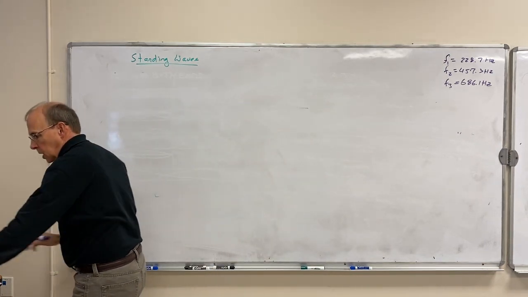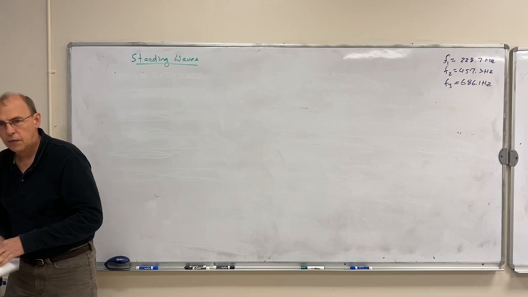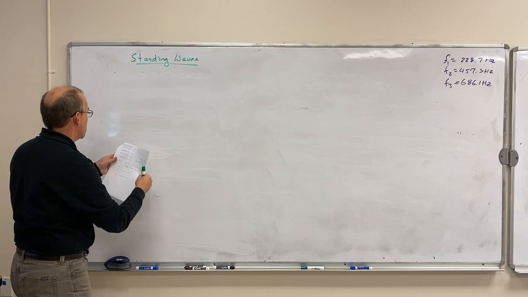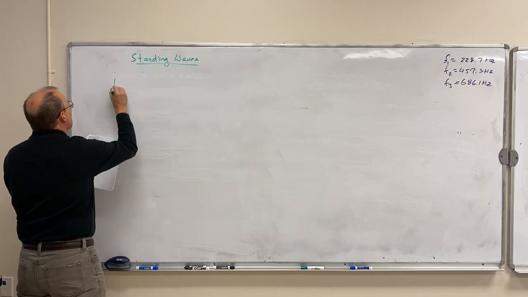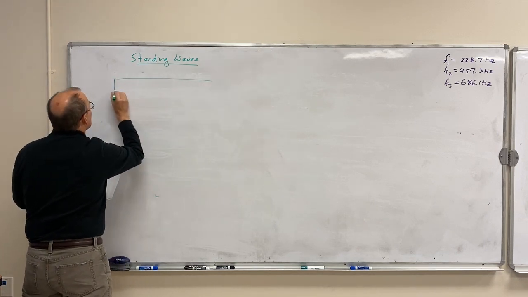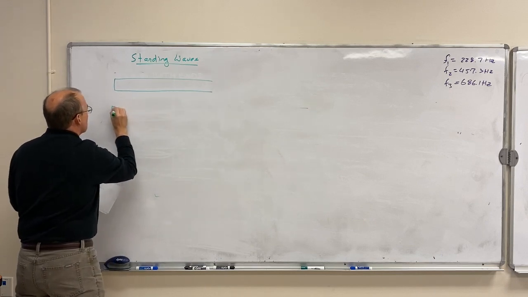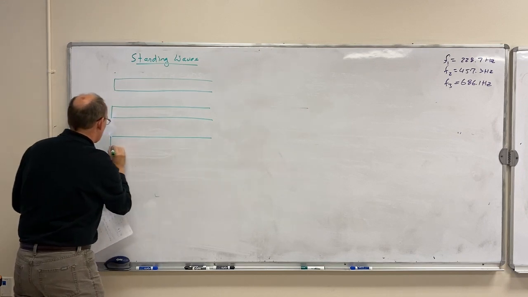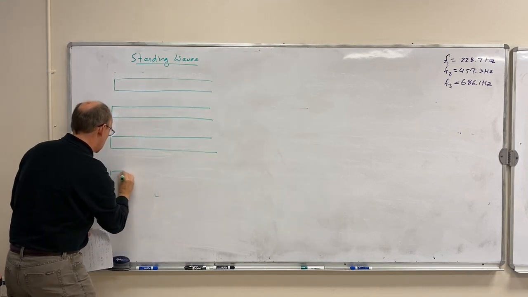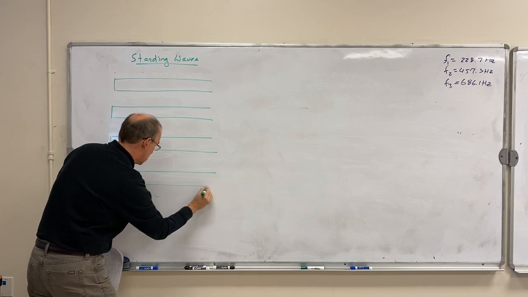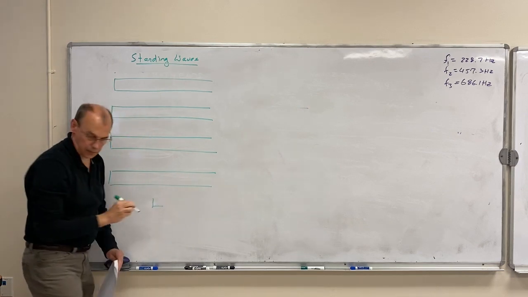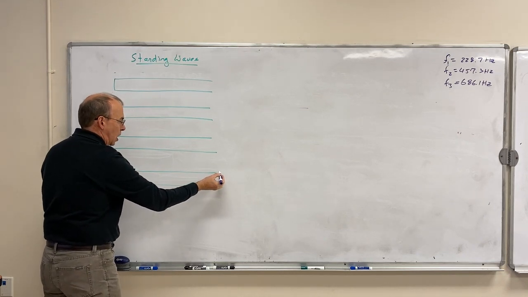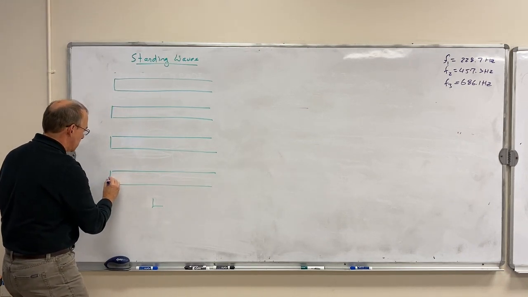So now, let's look at a pipe that is closed at one end. It's kind of nice to have one end open so the sound can get out. So closed at one end has to have an antinode at the open end and a node at the closed end.